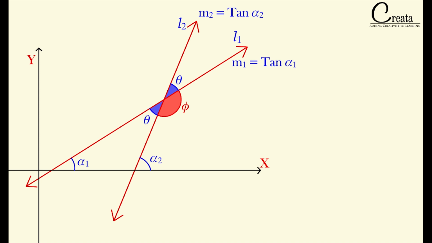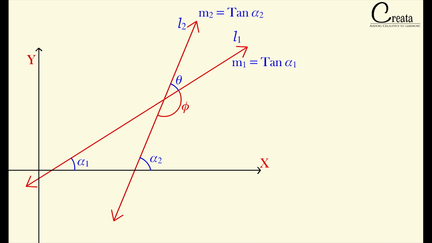These angles are vertically opposite angles, and these are also vertically opposite angles. So if we talk about two intersecting lines, a total of two angles will be formed between them. In this lecture, we will calculate both of these angles. One angle will be acute and obviously the other will be obtuse. We will discuss this in detail after getting the formula of angle theta. For the time being, let's move further.